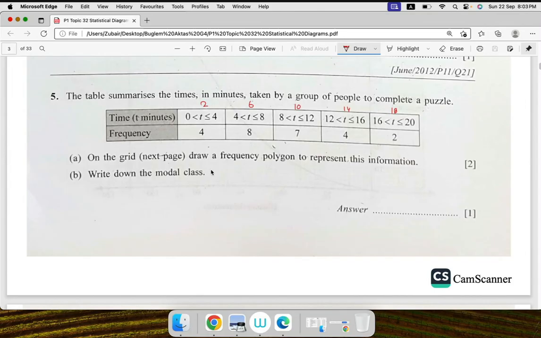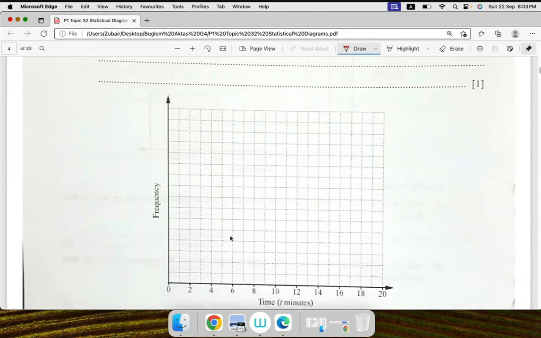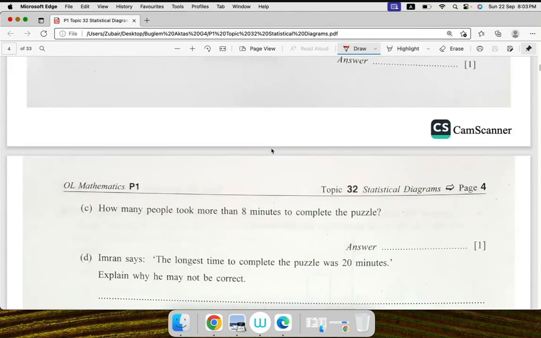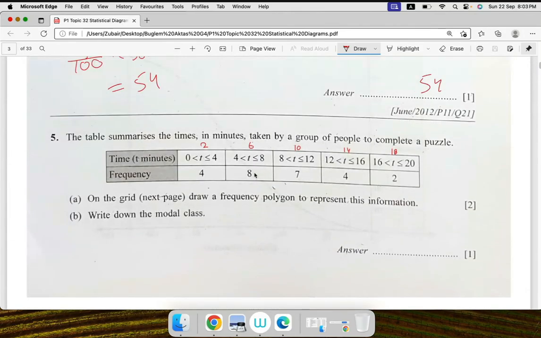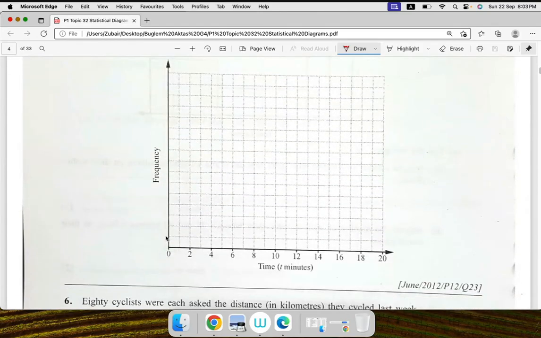So 4 and the midpoints. And the y-axis is empty, so we need to choose a scale. The highest point is 8. So if I just mark these 1, 2, 3, 4, 5, 6, 7, 8, it is not going to cover my graph. It should be more than 60%. So I'm taking two boxes as 1. So taking this as 4. This is 1, 2, 3, 4, 5, 6, 7, and 8.